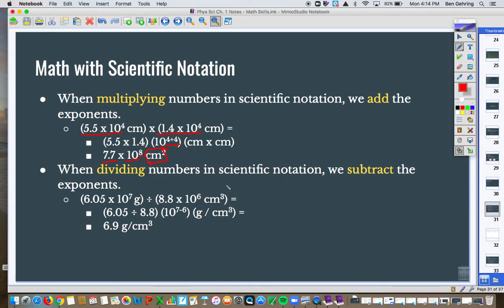If we divide numbers, again, we subtract exponents. So for example, 6.05 times 10 to the 7th grams divided by 8.8 times 10 to the 6th cubic centimeters. So 6.05 divided by 8.8, we divide those two, and we get 0.6875.